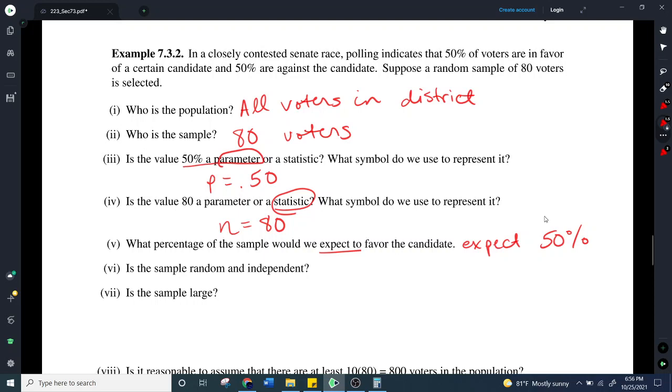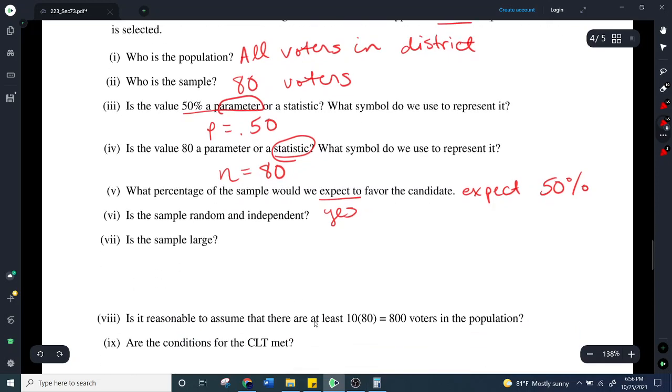Is the sample random and independent? Yes, as long as they throw that word random in there, then we're okay by saying it's random. Is the sample large enough? So let's take a look. Large enough means that we need to have at least 10 successes and 10 failures. So remember, N is 80.